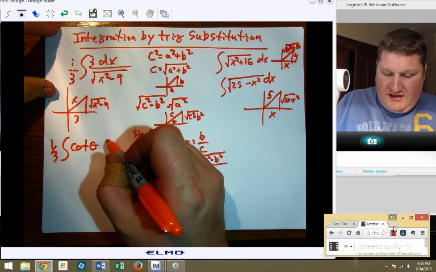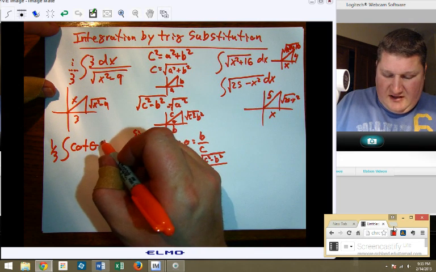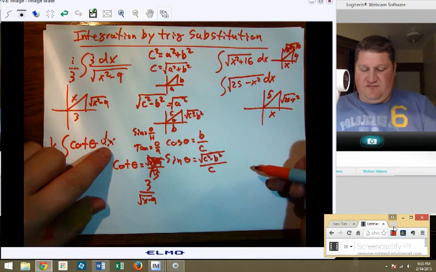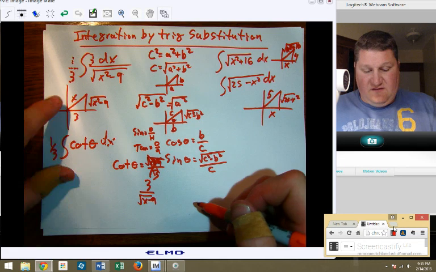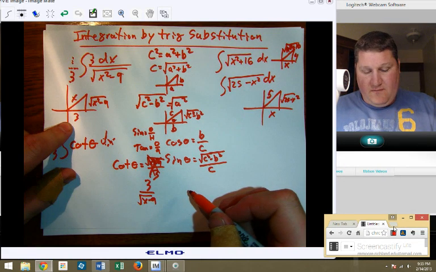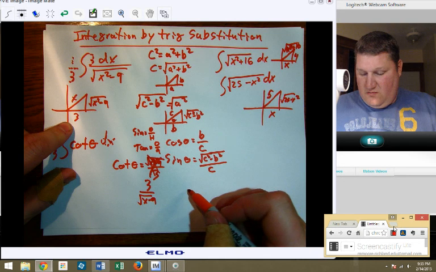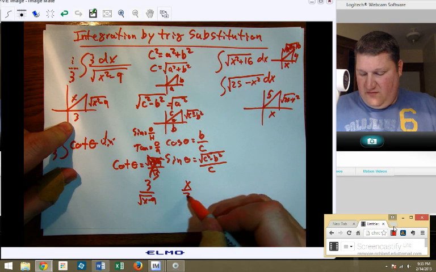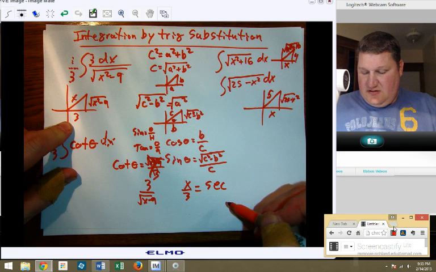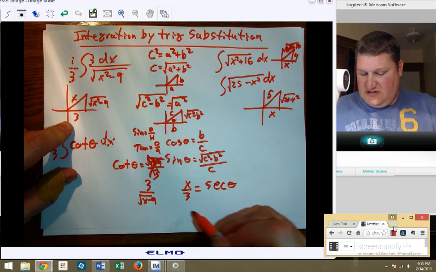So how do I get rid of dx? Well, to get rid of a dx, I have to know what x is. The easiest thing to set x equal to is hypotenuse over adjacent. Well, let's see here. x over 3, hypotenuse over adjacent, would be a secant theta.